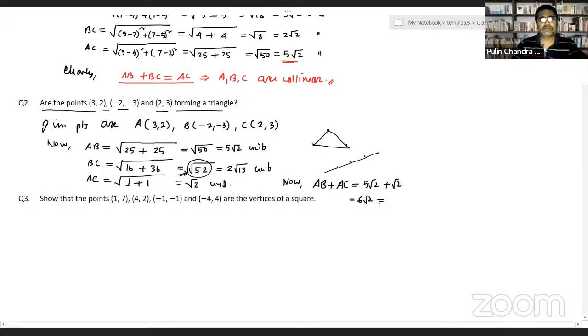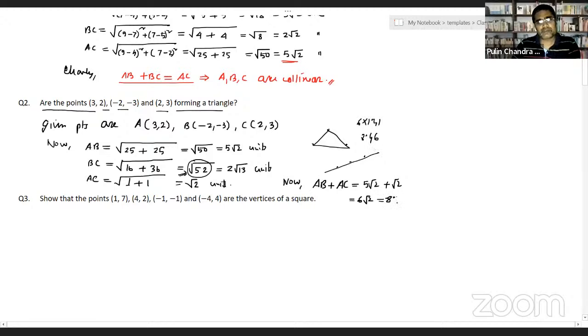So 6 root 2 you approximately work out. You need not get the complete value. Root 2 is something like 1.41, right? So 6 root 2 will be 6 into 1.41. 6 1s are 6, 6 4s are 24, then 8.46.